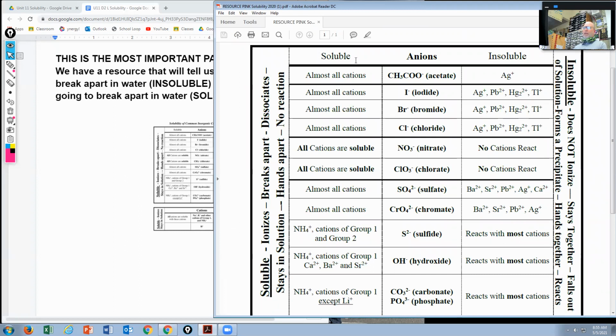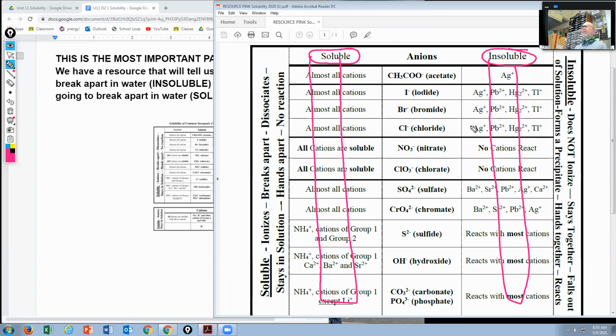So let's just take a look at how this sheet is set up. First things first, there are a bunch of different columns, and I'm going to go fast. You guys can rewind this. All right, so that says soluble. This column right here is everything that is soluble. This column over here is everything that is insoluble.